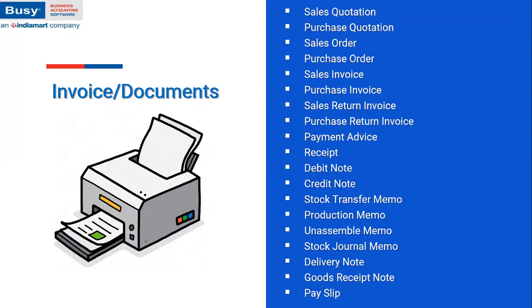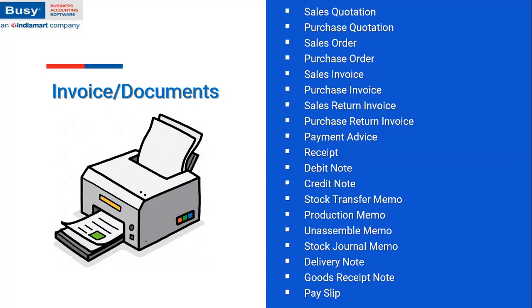First one is sale quotation, purchase quotations, sale order, purchase order, sale invoice, purchase invoice, sale return invoice, purchase return invoice, payment advice, receipt, debit note, credit note, stock transfer memo, production memo, unassembled memo, stock journal memo, delivery note, goods received note, and payslip. All these invoice documents can be printed from print utilities.